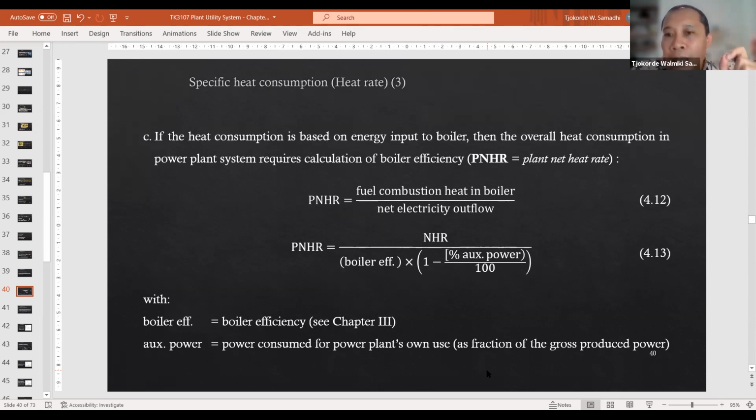Jadi PLTU Paiton itu tidak dirancang untuk menggerakkan atau mentenagai pabrik yang lain. Produk utamanya adalah listrik. Listrik yang dihasilkan oleh turbin uap dan generator listrik ini, setelah dikurangi dengan kebutuhan pabriknya sendiri, which is jauh lebih kecil daripada produksi gross-nya, kemudian ditransmisikan ke grid, ke jaringan PLN.